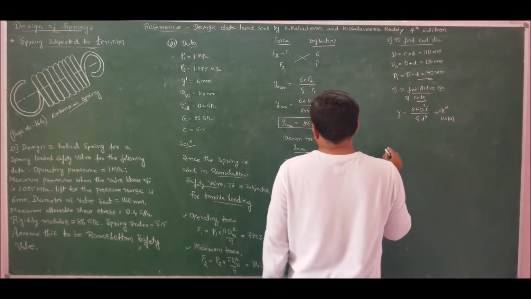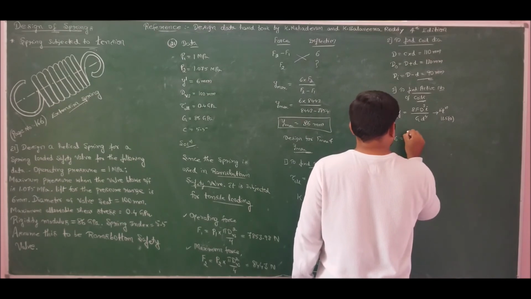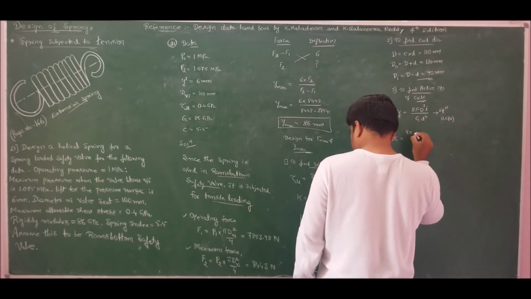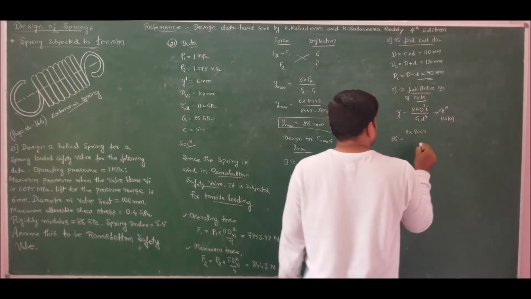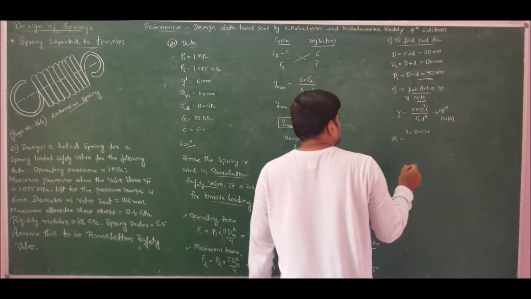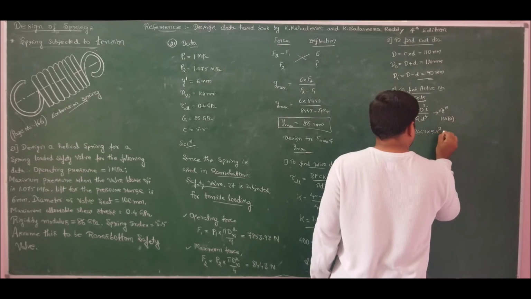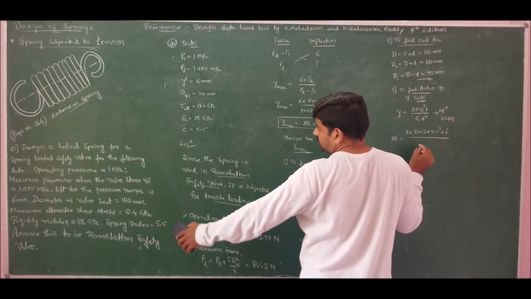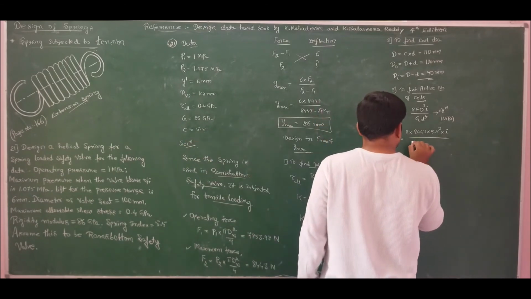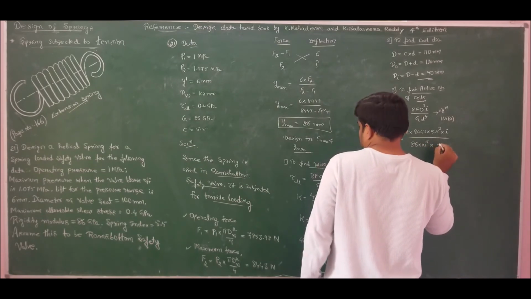We know maximum deflection. Maximum deflection is 86 mm. 8 into force is 8443 into, let me take it as C cube, C is 5.5, so 5.5 cube into i divided by G d. G is 86 gigapascal, so it is 86 into 10 to the power of 3 megapascal into d. d is 20 mm.